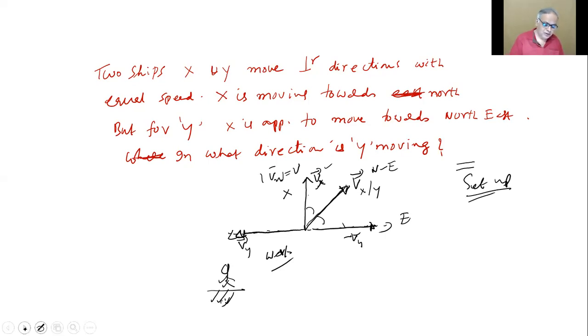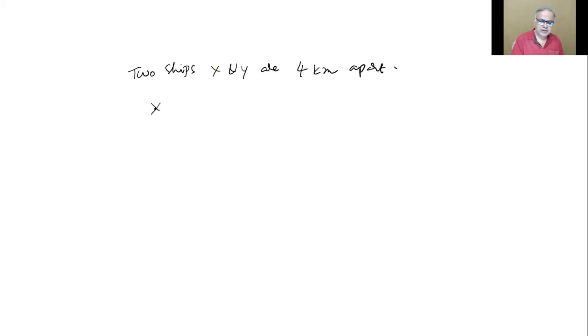Okay, now I'll go to the next question. Same ships question only. I'll give two ships, X and Y, for example, 4 kilometers apart.